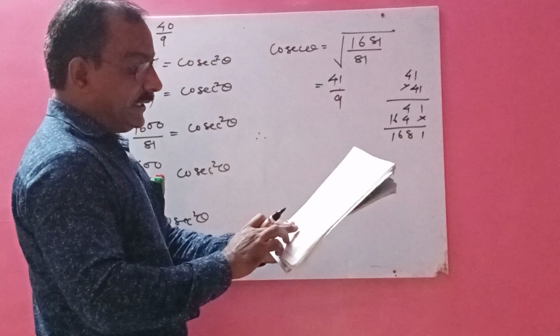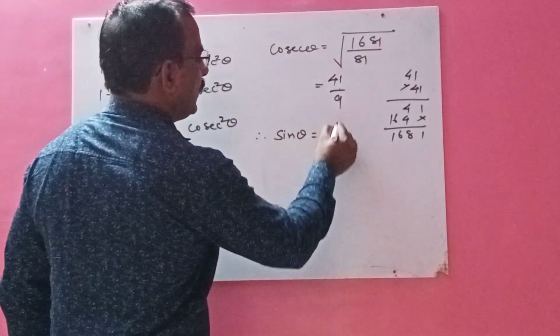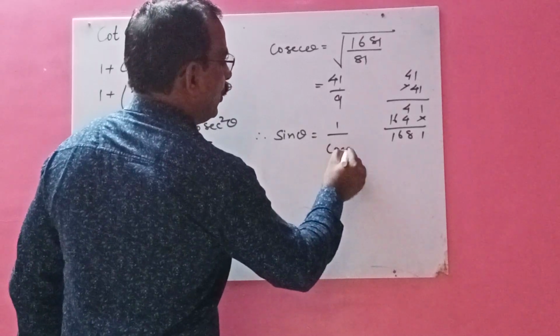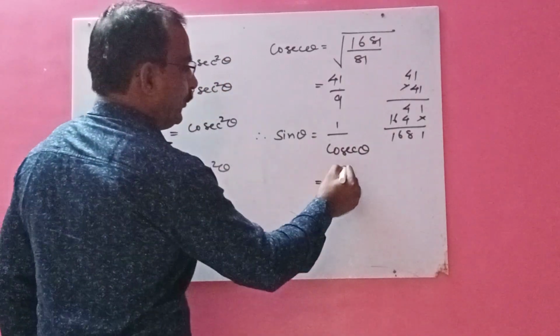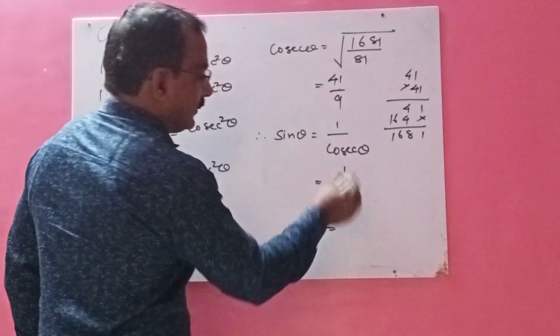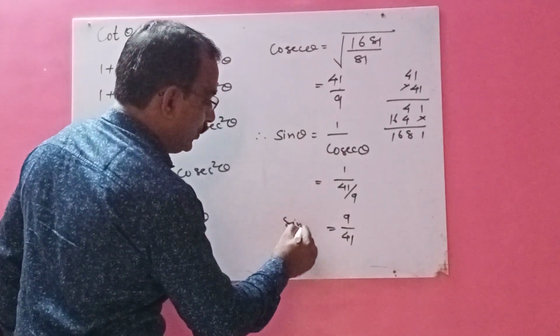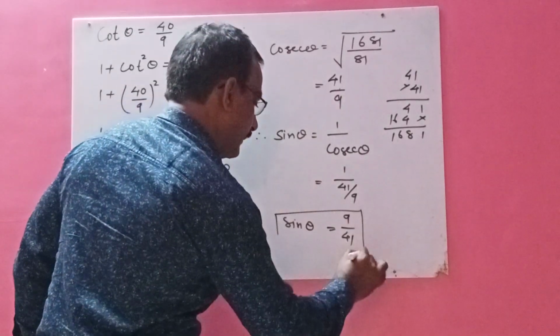Here we need sine theta. So sine theta is equal to 1 upon cosec theta, that is 1 upon 41 by 9. This will be 9 upon 41, which is equal to sine theta.